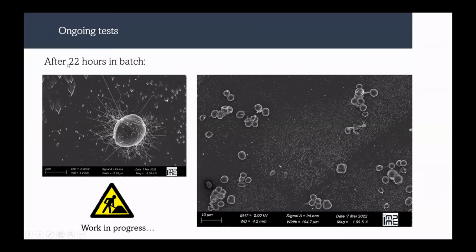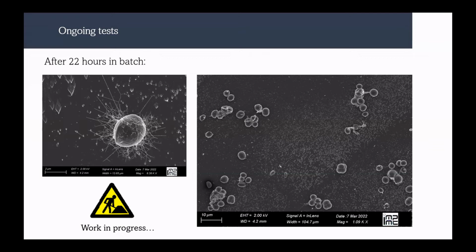And we noticed that after only 22 hours in batch reactors, they were already able to stick at the surface. This makes us confident that flow-through systems can be possible, because it seems that their attachment rate is quite high.